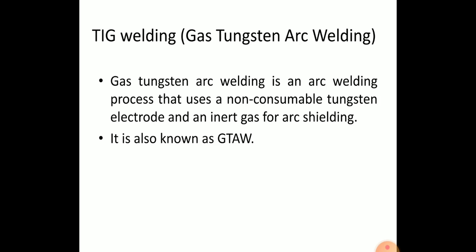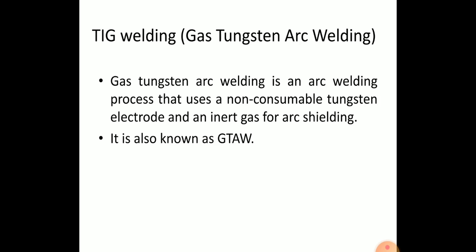The first type is the TIG welding process, gas tungsten arc welding. Gas tungsten arc welding is an arc welding process that uses a non-consumable tungsten electrode and an inert gas for arc shield.